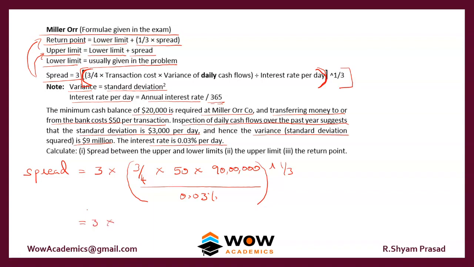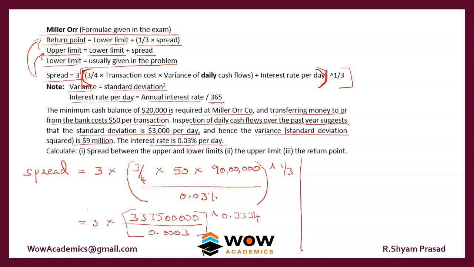If you solve the inside of it, your numerator will be 33750000 divided by 0.0003. To this you have to get the power of 0.3334.